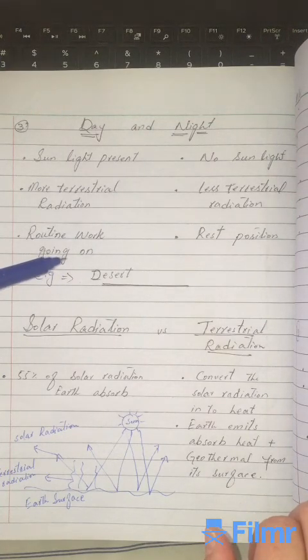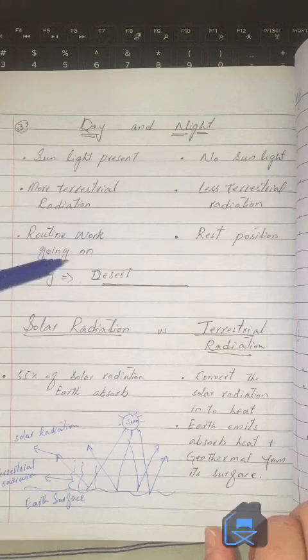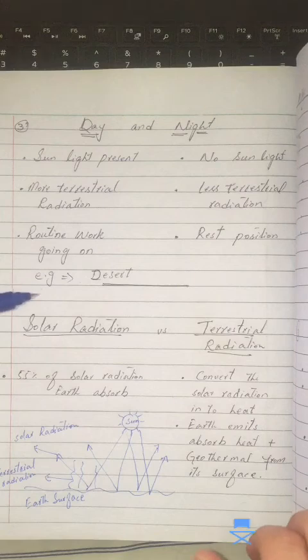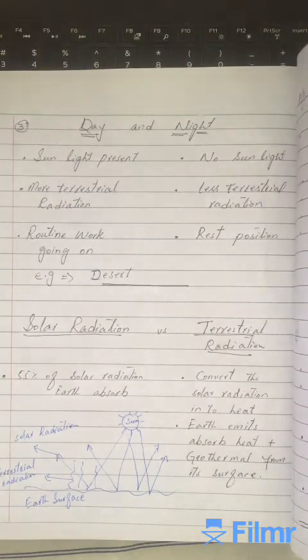That's why the heat radiation cannot be trapped there. So it heats up easily in the daytime. As the sun sets, it releases the heat quickly.